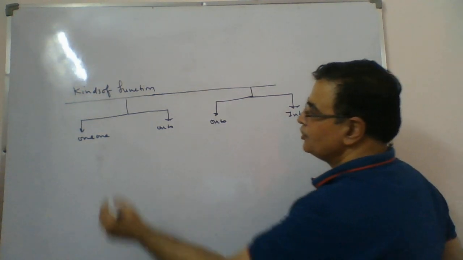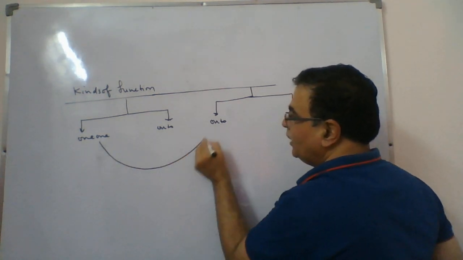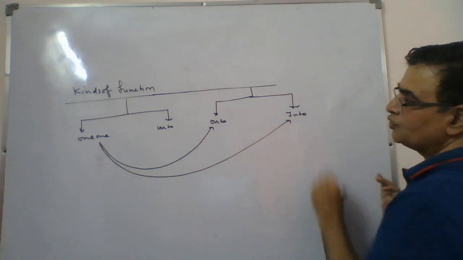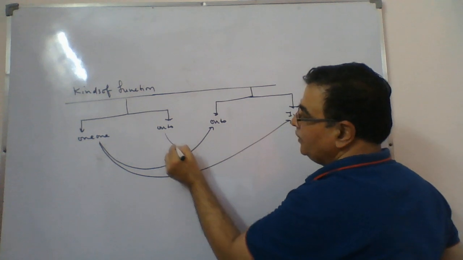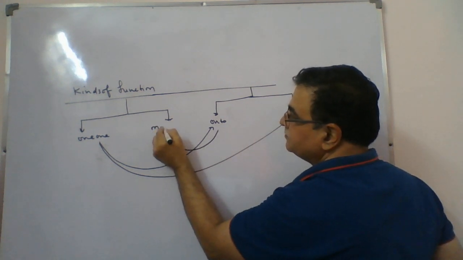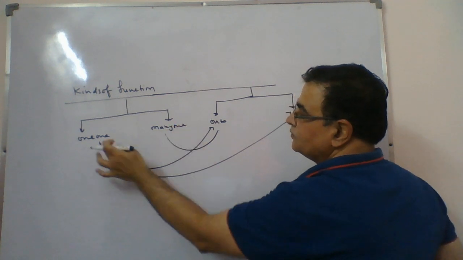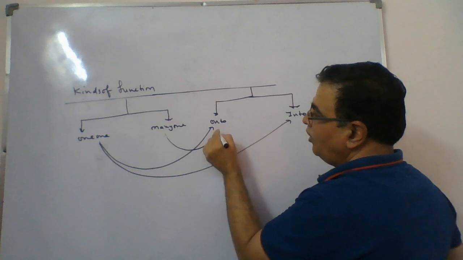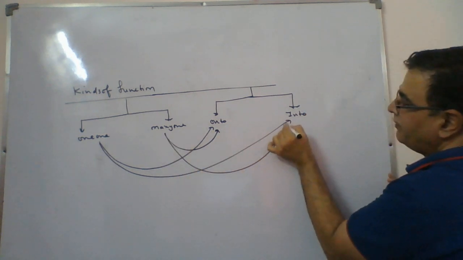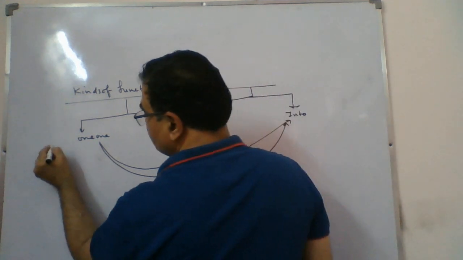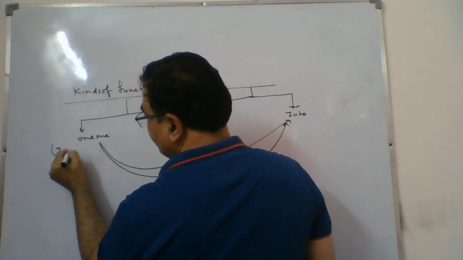And whatever function is given, either it will be 1, 1 onto, or 1, 1 into, or many one onto, or many one into. 1, 1 function is also called an injective function.